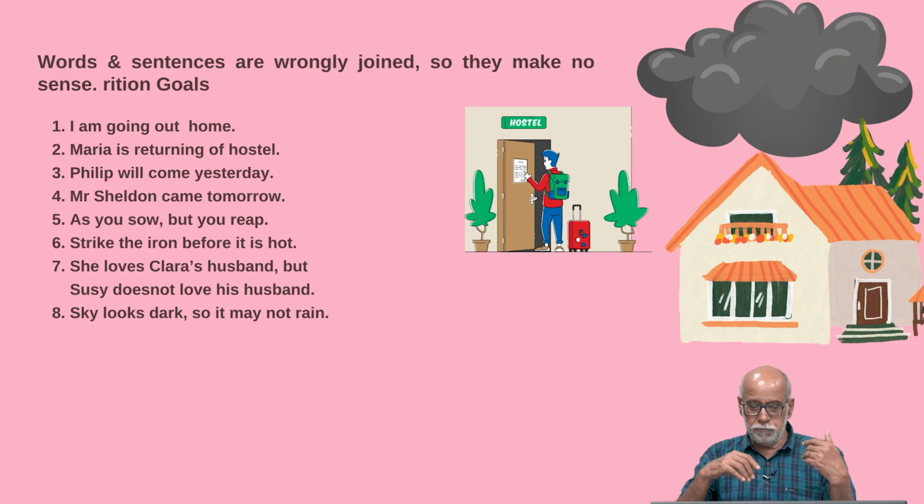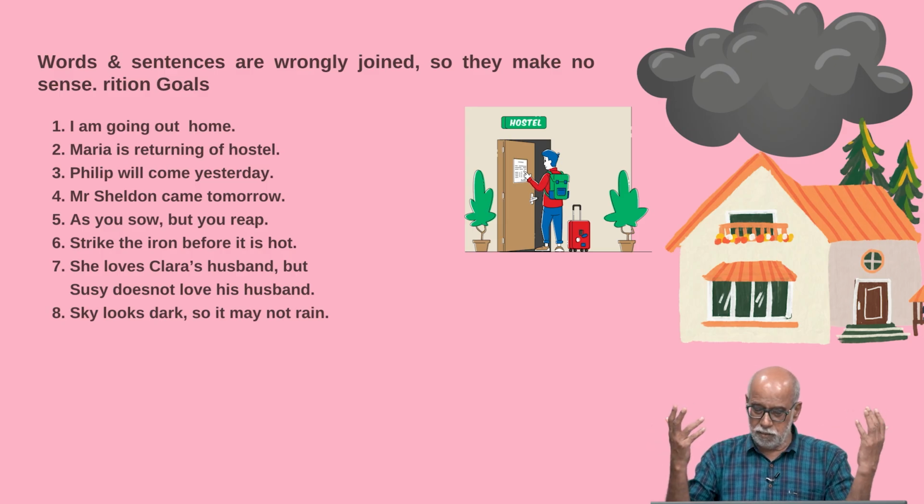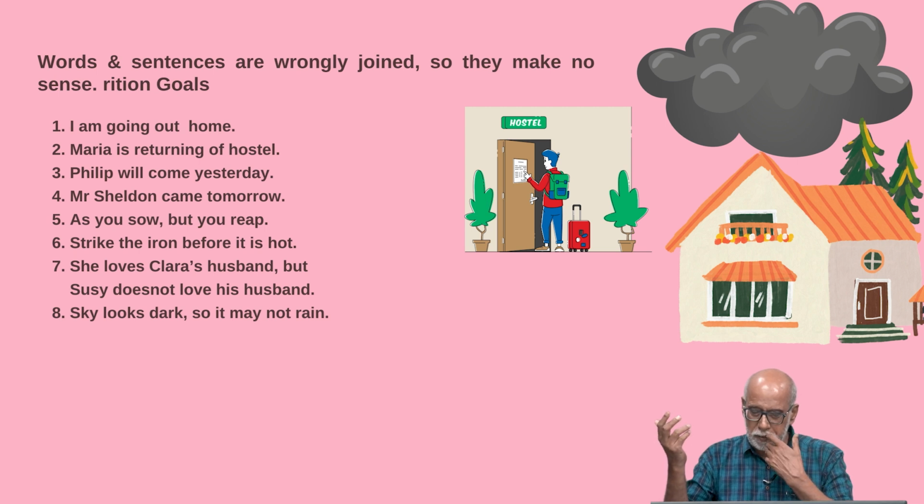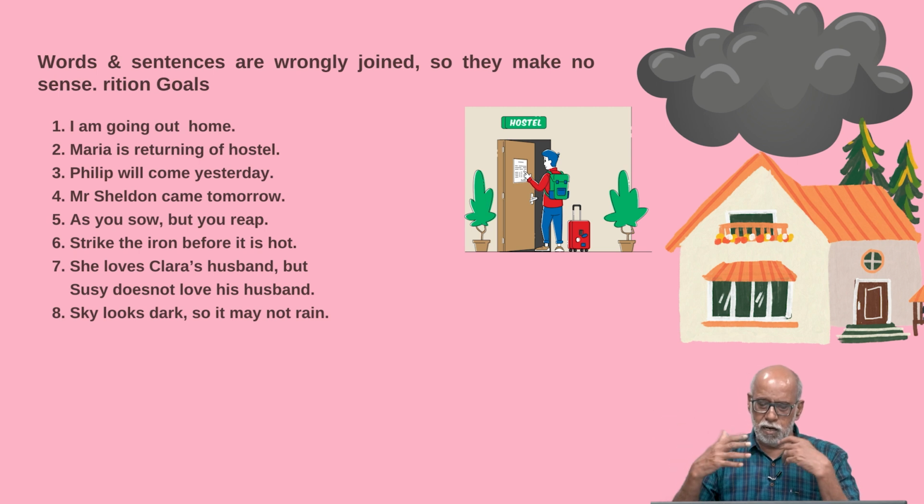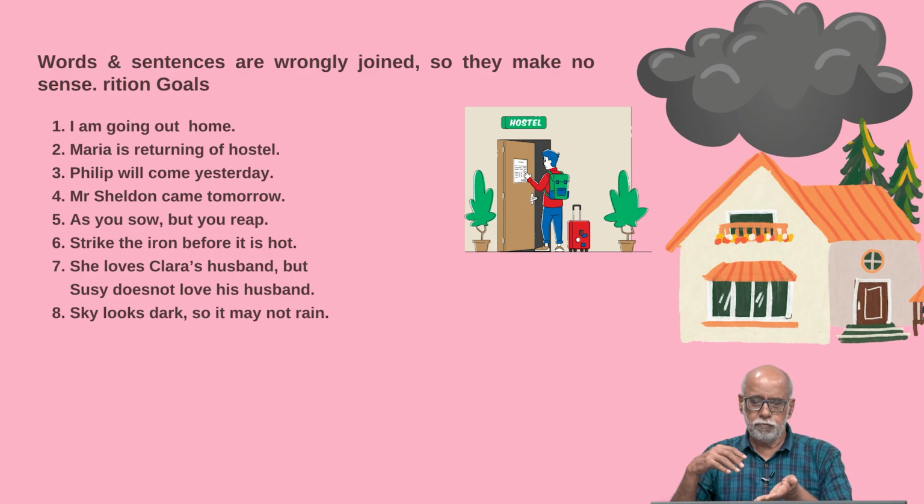But if this she is somebody else, imagine this she is Clara's husband's mother or another friend of Clara. Let us say Clara has a friend called Martha or Susie. So then you should say Susie loves Clara's husband.